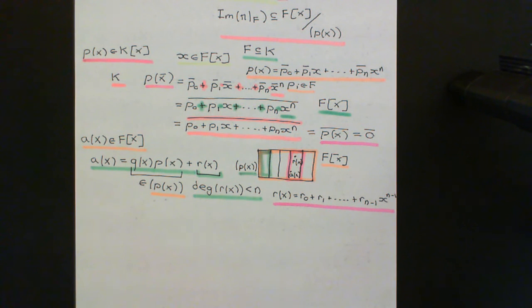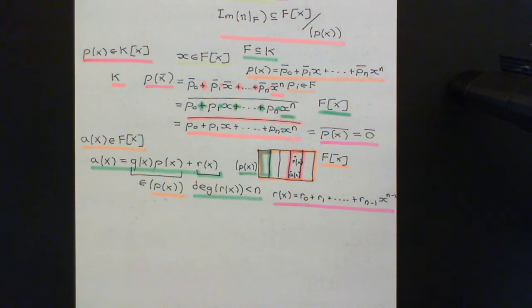That now shows that, yes, we can represent all of these cosets by a polynomial of degree less than n. What I now want to do is show that every single polynomial of degree less than n is in a separate coset. So there is no coset that contains two polynomials of degree less than n. They're all in separate cosets, and therefore they completely characterize the cosets.